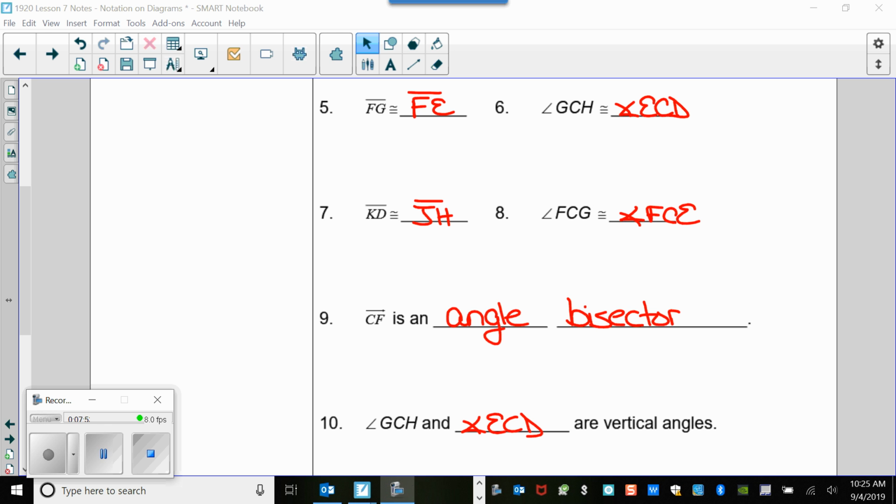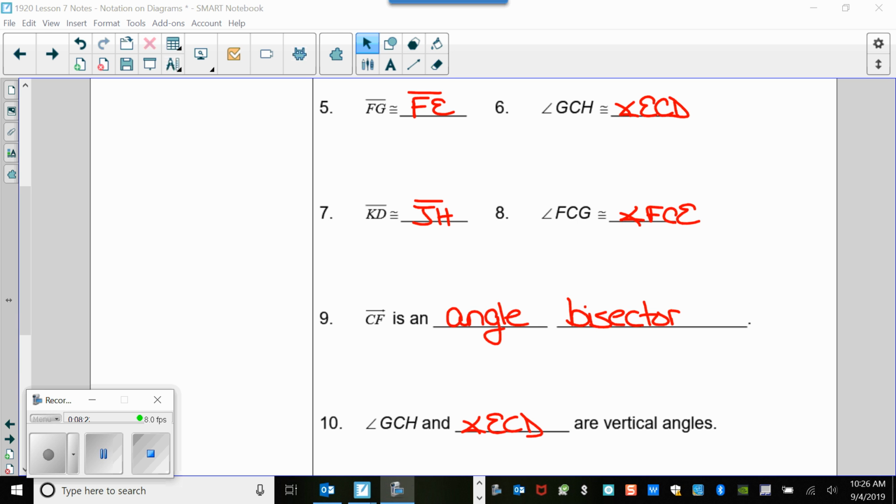Angle GCH has a single arc, so does angle ECD. Segment KD has 2 tick marks, so does segment JH. Angle FCG has 2 arcs, so does angle FCE. CF is an angle bisector. We're cutting the big angle ECG in half.